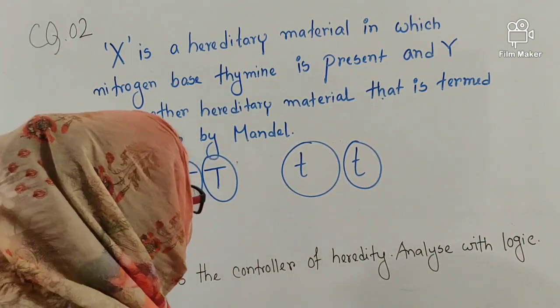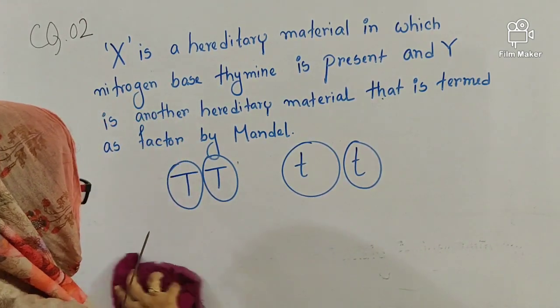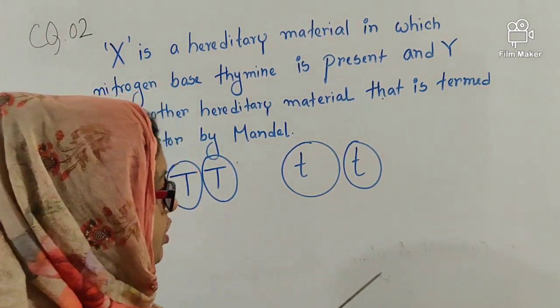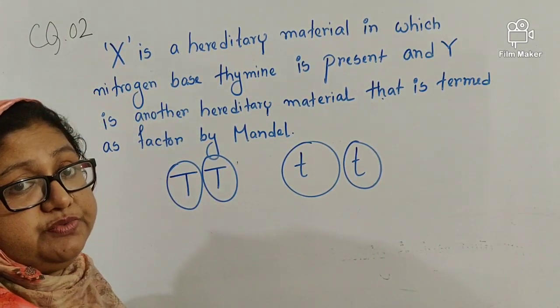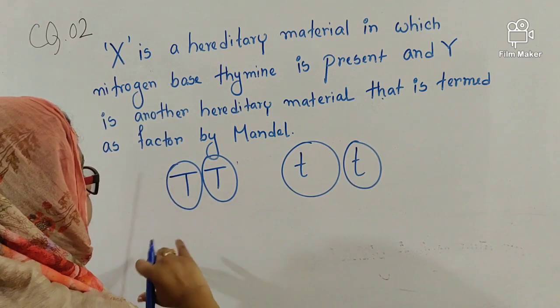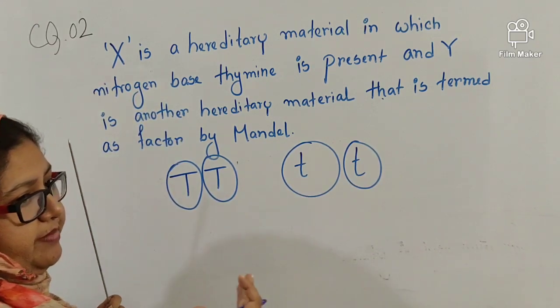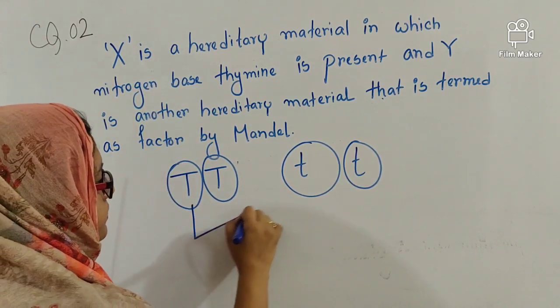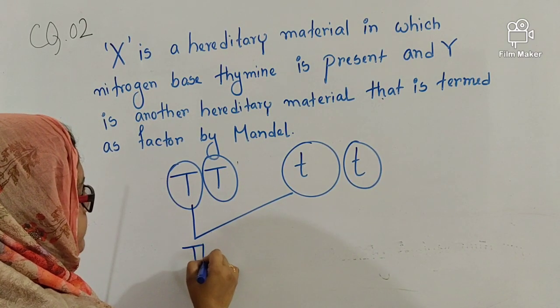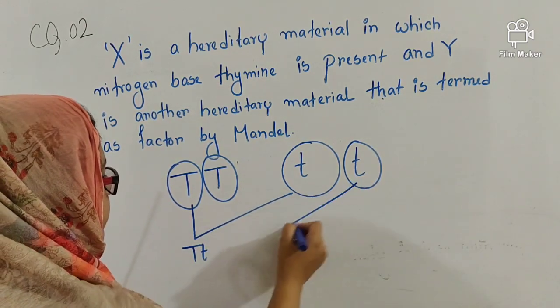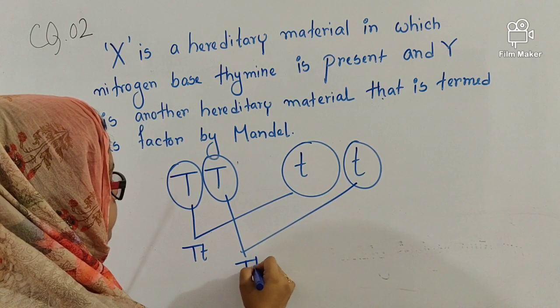So, when the first generation is produced, when they form gametes and fuse with each other, they produce capital T small t. Again, it produces capital T small t.